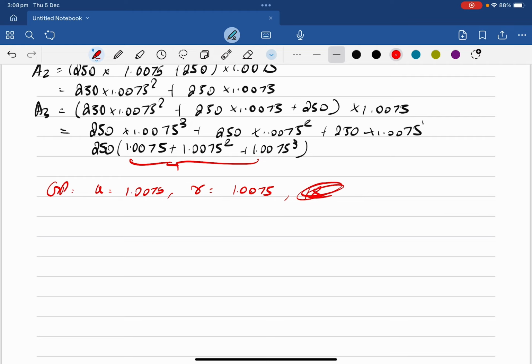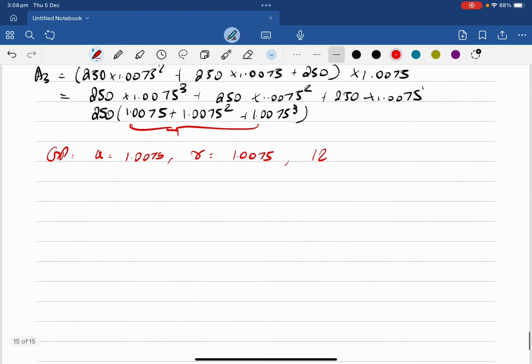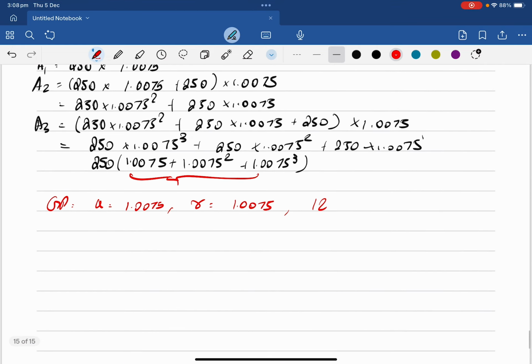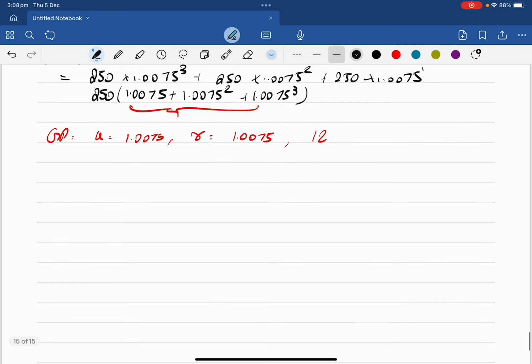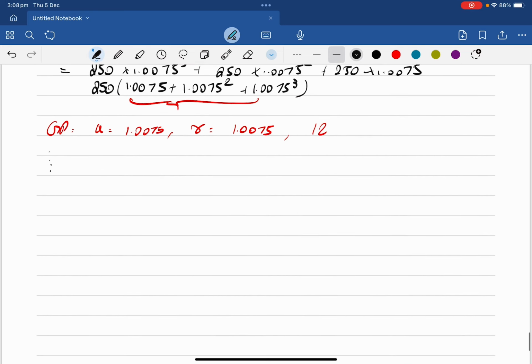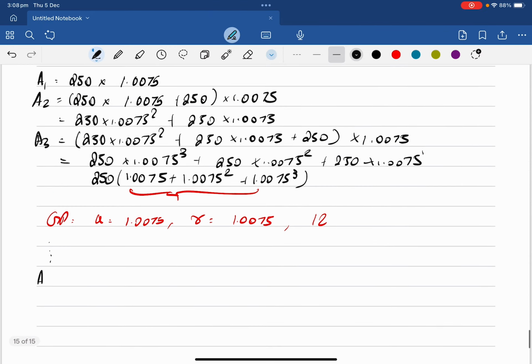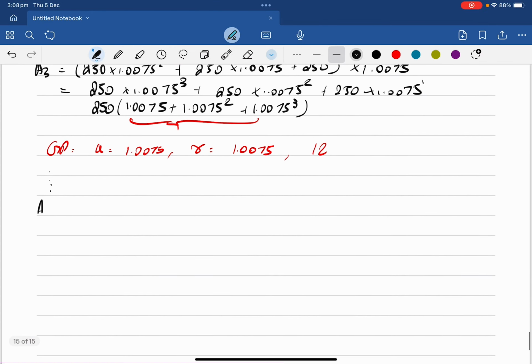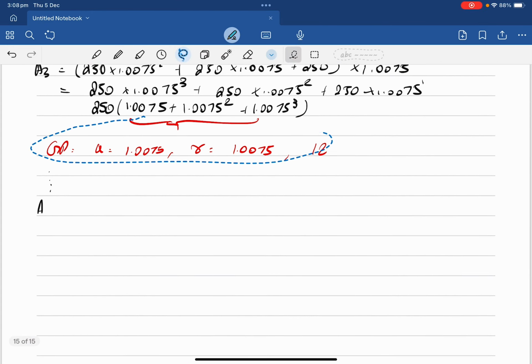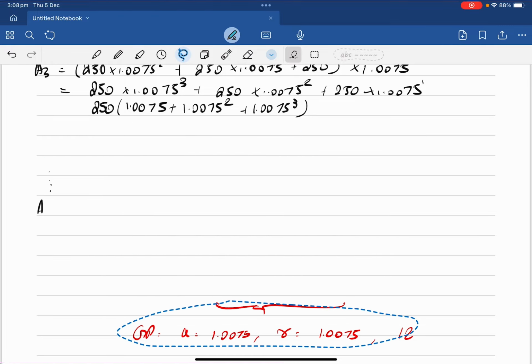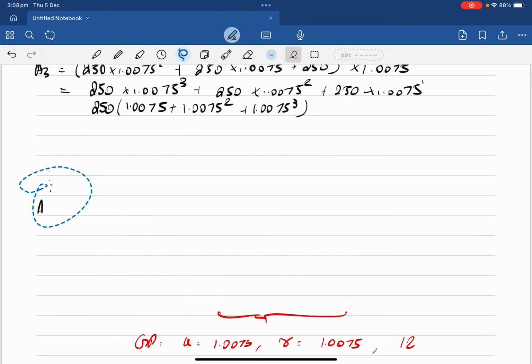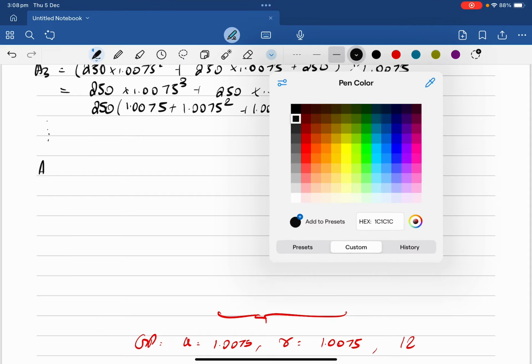Well, you actually want to go until 12 terms, until A12. So put the dots, then let's go to A12.